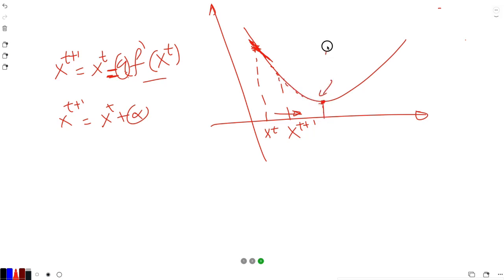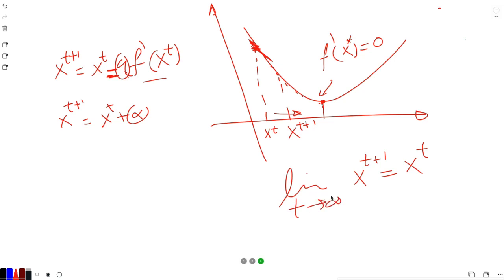At this point, f dash of x at x star equals 0, which means that xt plus 1 will be the same as xt, and this will be achieved when t goes to infinity, or of course after enough iterations. It depends on how much slope we have in this single variable problem. So this is called the steepest descent algorithm.